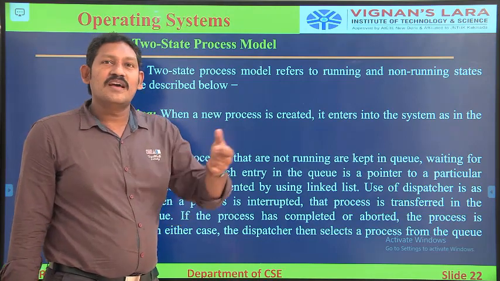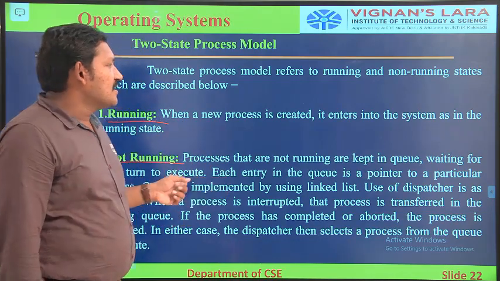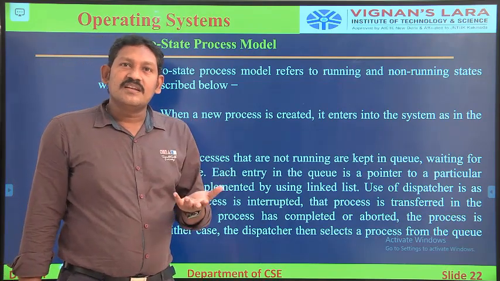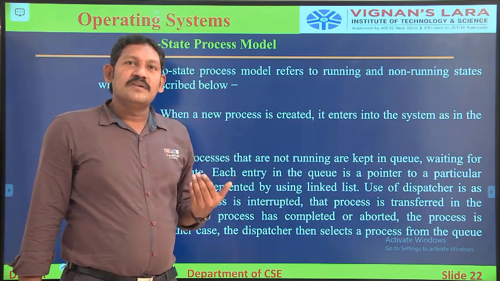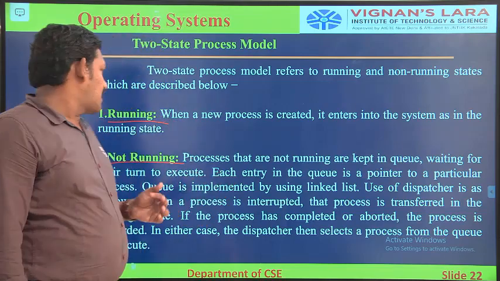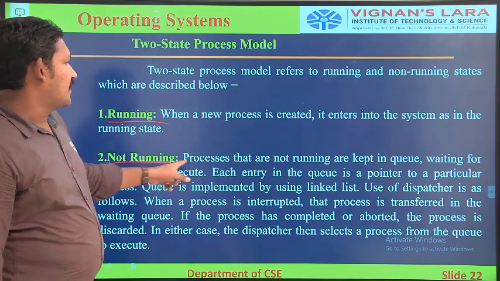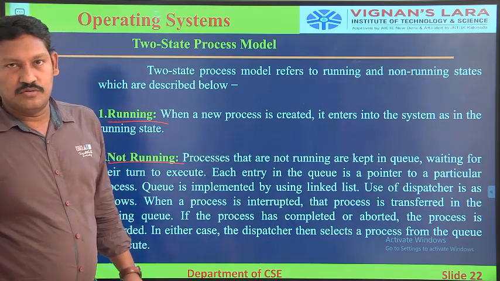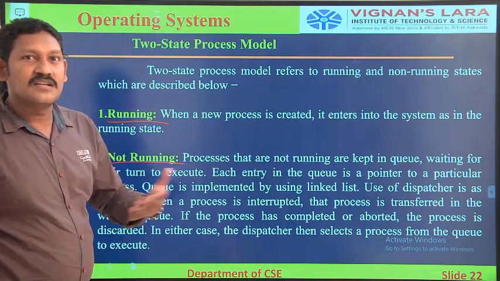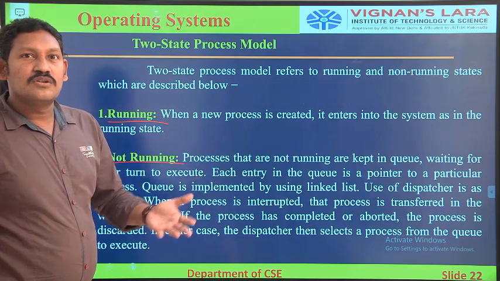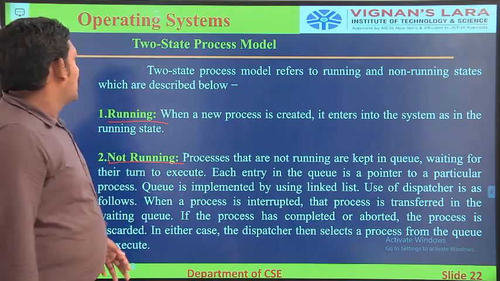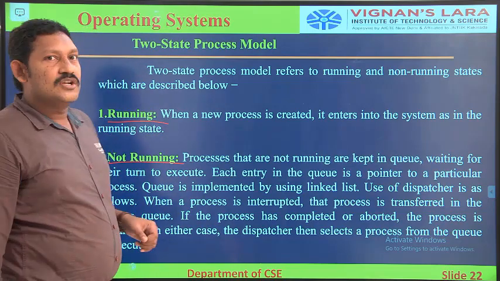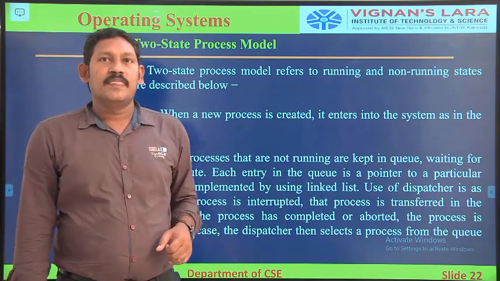The other is when the process may be kept in waiting state or may be performing some IO operation. All those come under not running. Processes that are not running are kept in a queue, waiting for their turn to get executed by the CPU. So this is about process scheduling queues. Okay, thank you.